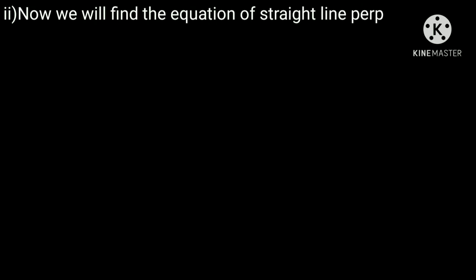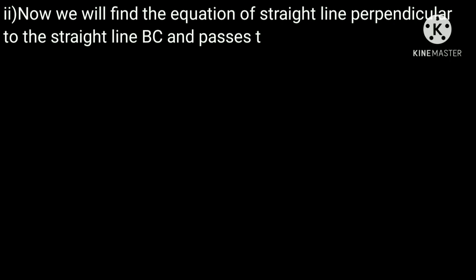Next, second. Now we will find the equation of the straight line perpendicular to the straight line BC and passing through the point A. We also know that if any two lines are perpendicular to each other, then the product of their slopes is equal to minus 1. That is, the perpendicular line slope is minus 1 by the slope of the BC line.